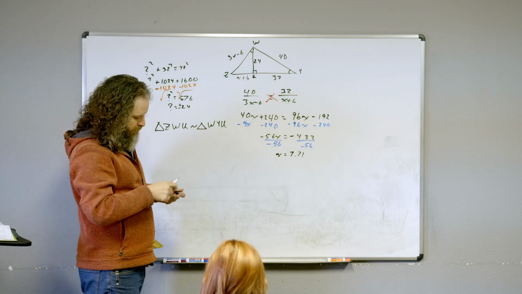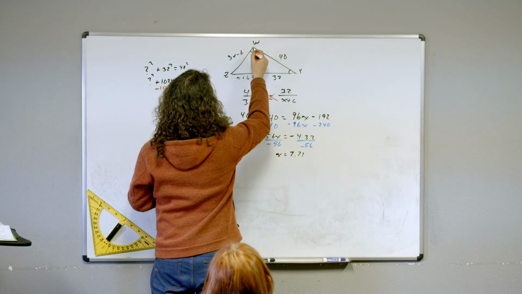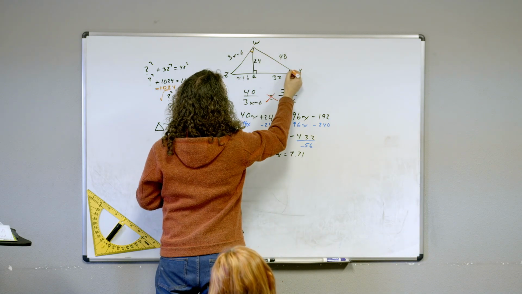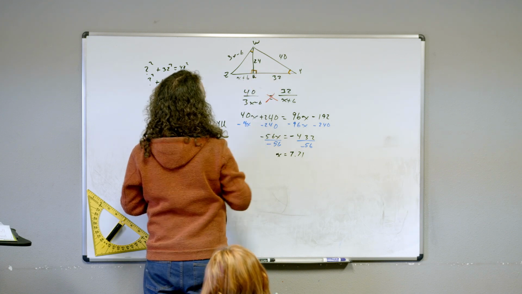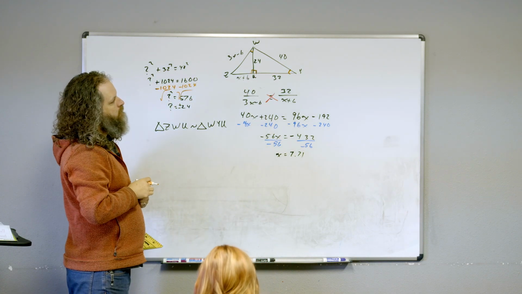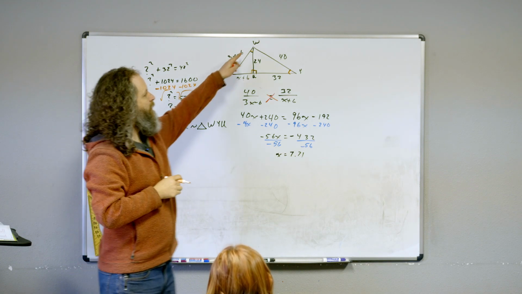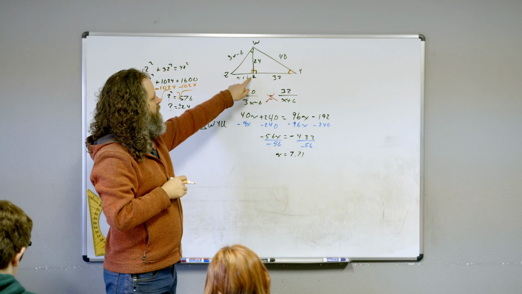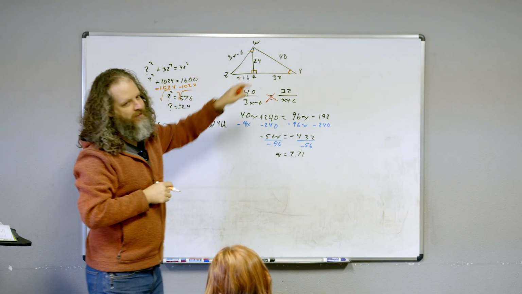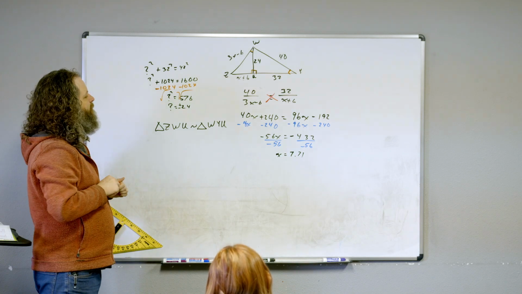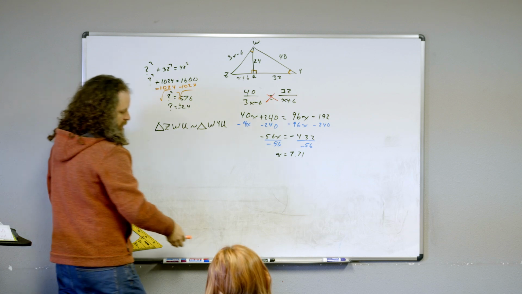And we know that order because of the order of the angles. This angle goes with this one, and this one goes with this one. So this one goes with itself, which means this one has to go with this one. Now we have that, we can set up a proportion that will actually work.